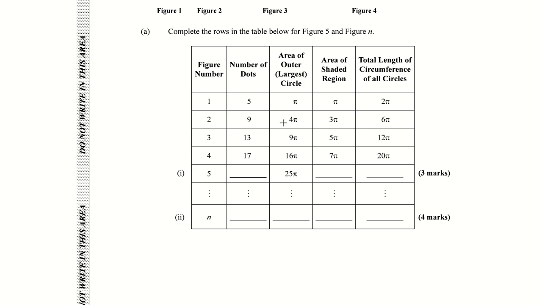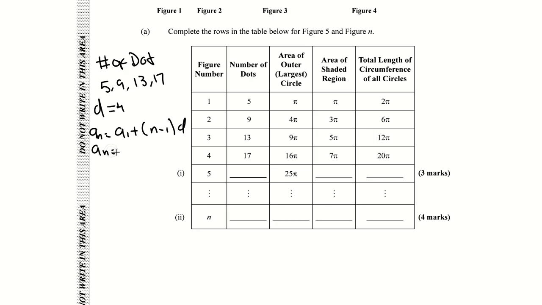Now, if you look at this, okay, so the number of dots would be easy. The number of dots would be 5, 9, 13, and 17. Your common difference there is 4. So you use an is equal to a1 plus n minus 1 by d.